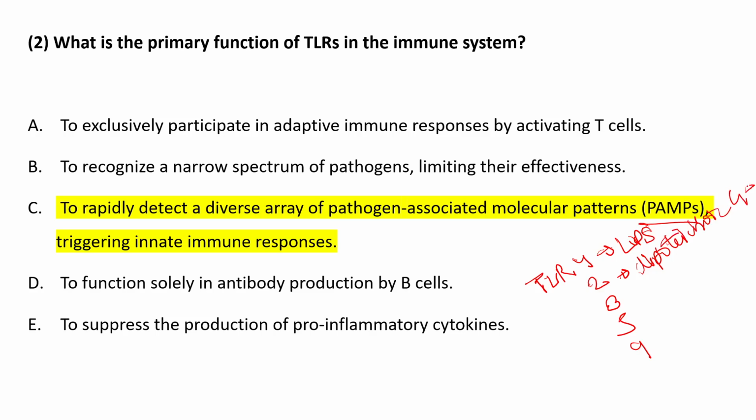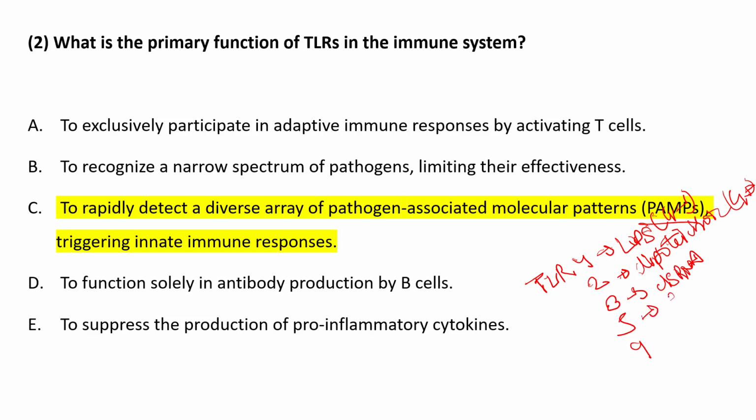So TLR4 will recognize LPS on gram-negative, and TLR2 will recognize the lipoteichoic acid on gram-positive. TLR3 will bind to double-stranded RNA viruses.